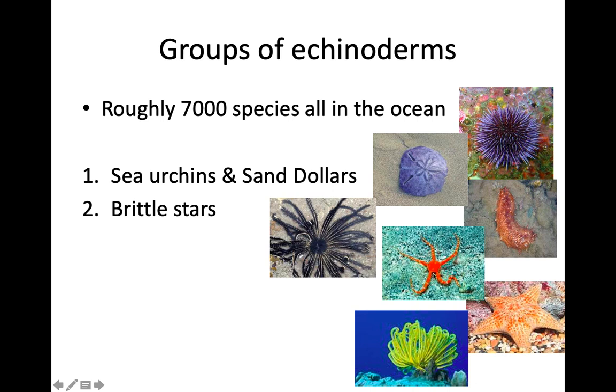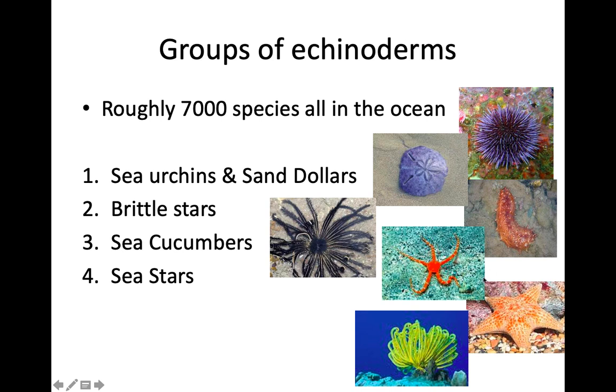A lot of these guys are filter feeders, but a few of them are detritivores as well, like they eat waste. Okay, sea cucumbers are ones like this unusual fellow right here. Sea cucumbers are definitely detritus feeders. They move on the seafloor and they suck up organic matter and break it down for their food.